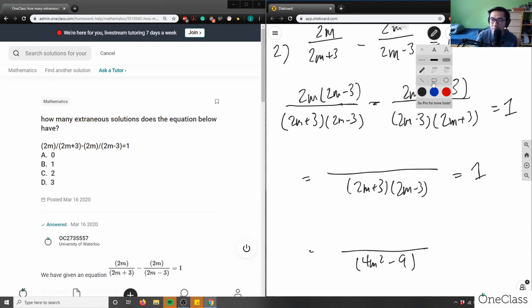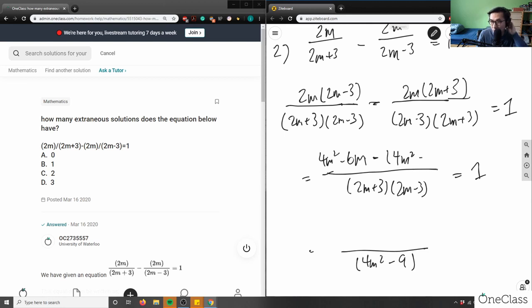So I have this new term here. I'm going to do the distributive property. I have 2m times 2m here, which is 4m squared, and then 2m times minus 3 here is minus 6m. Similarly, this is going to be minus, and then it's subtracting this entire term, right? So this entire term is going to give me minus. So I'm going to put a little bracket here.